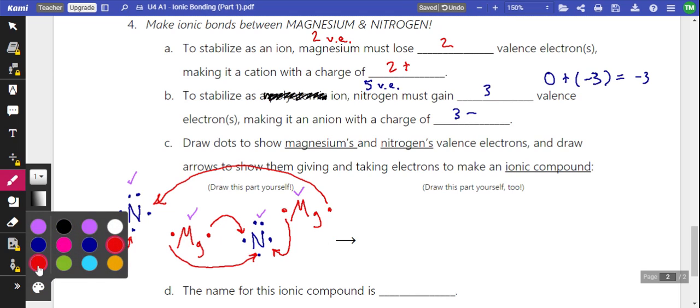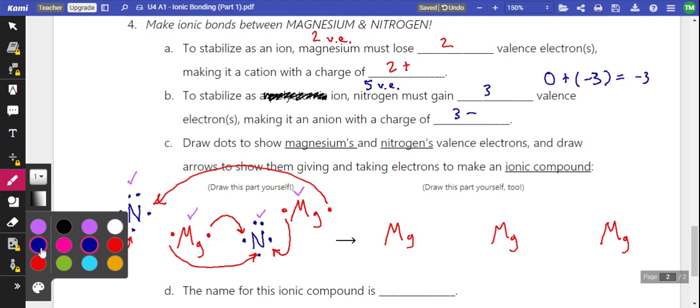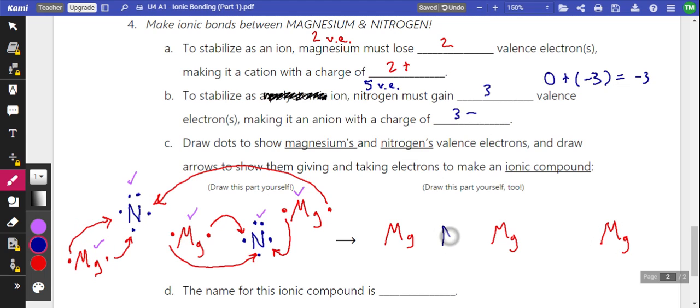So let's draw the result on the right side here. What I wind up with is 3 magnesiums, right, and 2 nitrogens.